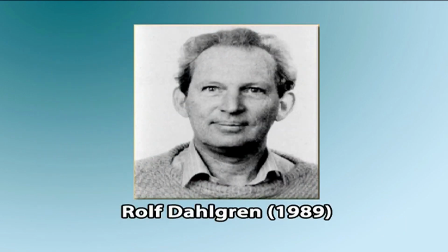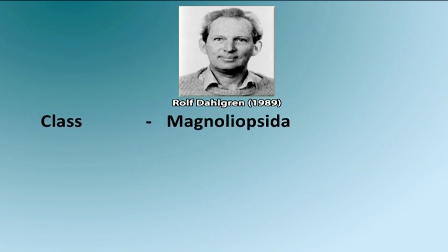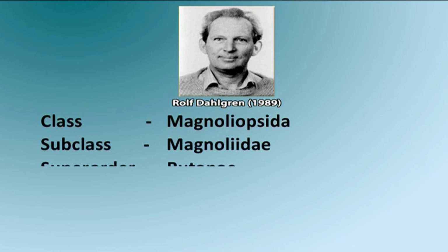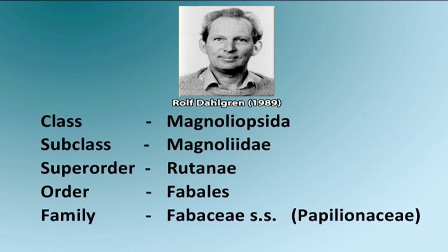Rolf Dahlgren in 1989 proposed a classification system for Fabaceae, which is: class Magnoliopsida, subclass Magnoliidae, superorder Rutanae, order Fabales, family Fabaceae sensu stricto Papilionaceae.